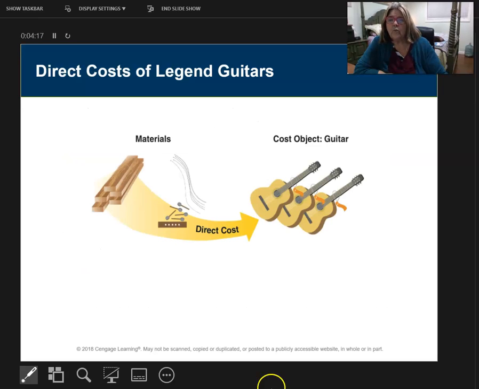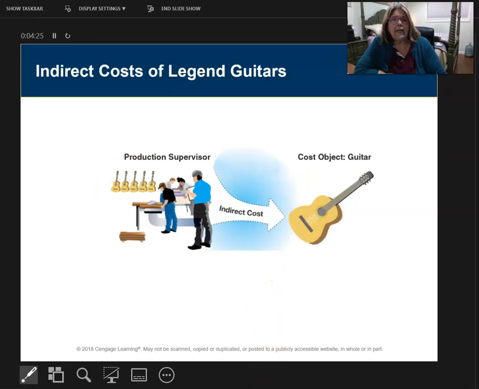So here are my direct costs, my wood and my little nails and my string. Cost object, of course, is the guitar. And here's my indirect cost, the plant supervisor. Now the person actually making the guitar right here, the cost of his wages would be considered a direct cost because it can be tied directly to that guitar.